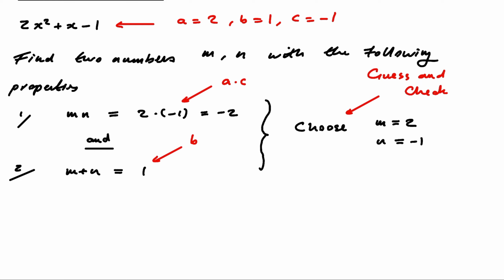Guess and check is a method you should only really use as a last resort, or if you have great confidence that it can be done quickly. So if you were confronted with this and you spent an hour trying to find an m and an n which does this, and you can't do it, just don't bother, right? Go use the systematic method, it will work. But this is kind of a good practice in understanding arithmetic, getting intuition for arithmetic. If you can do it fairly quickly, it's reasonable.